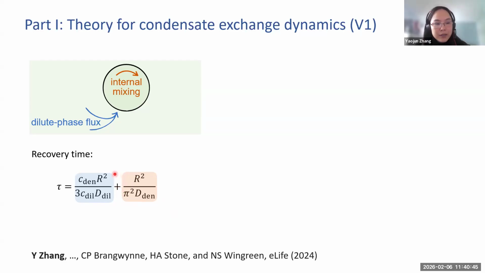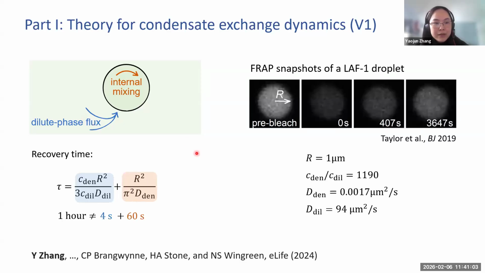If the dilute phase concentration, C dilute, is low, then the exchange time is limited by the flux coming from the dilute phase, whereas if the internal mixing is slow, then the exchange is limited by the mixing speed within the droplet. Okay, so this is a pretty nice theory, I would say.